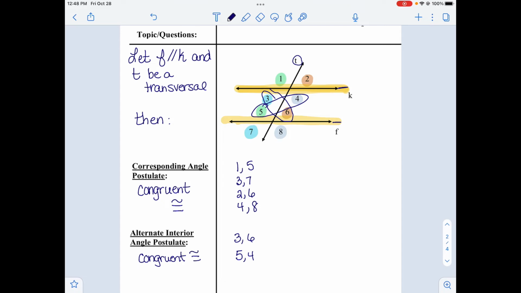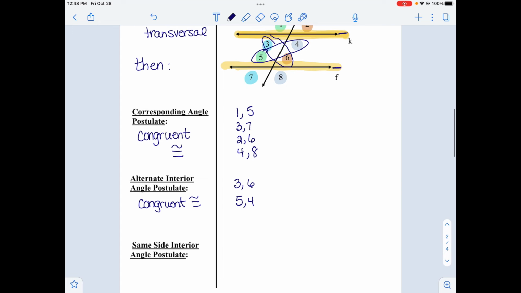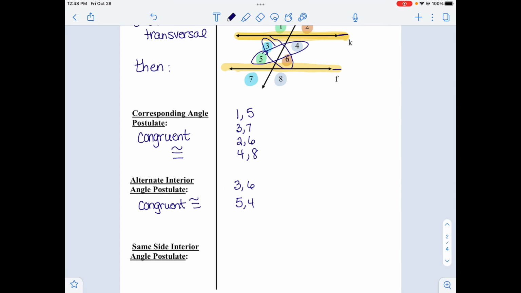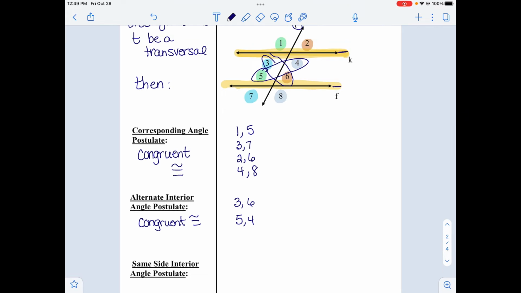All right, and our last relationship, not the only one, but the last one we'll talk about, is same side interior. So we're still inside the parallel lines, and we're going to talk about interior. So let me do a little redo here. We're still here, and we're doing same side.